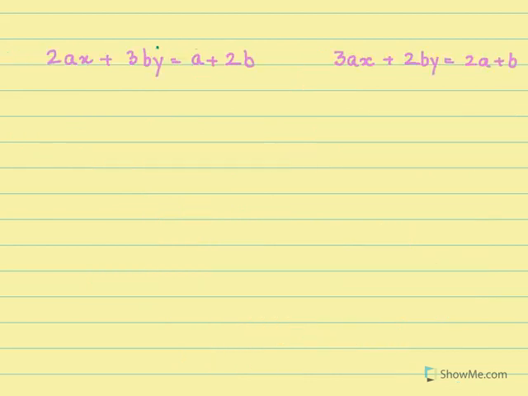So here we have earlier found the value of y. Now we are going to find the value of x. To find the value of x, we are going to equate the y. So let's examine the y. The coefficient of y here is 3b and the coefficient of y here is 2b. And the LCM of 3b and 2b equal to 6b. So this is equation 1.